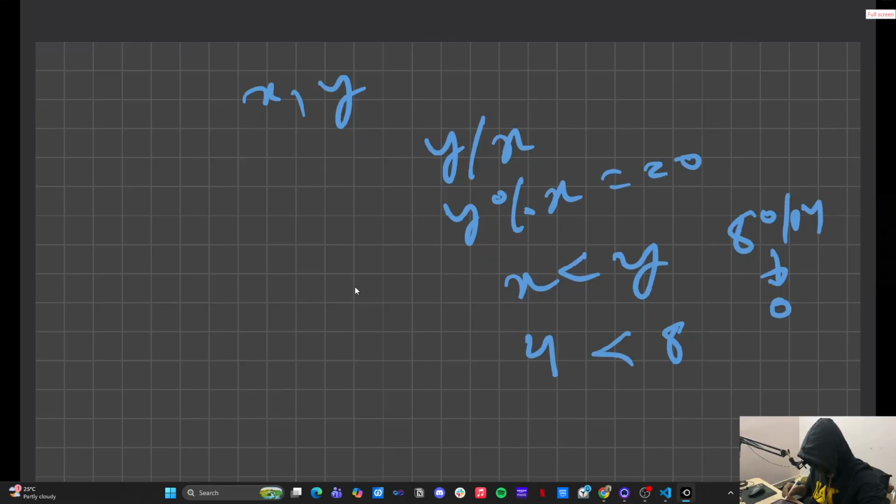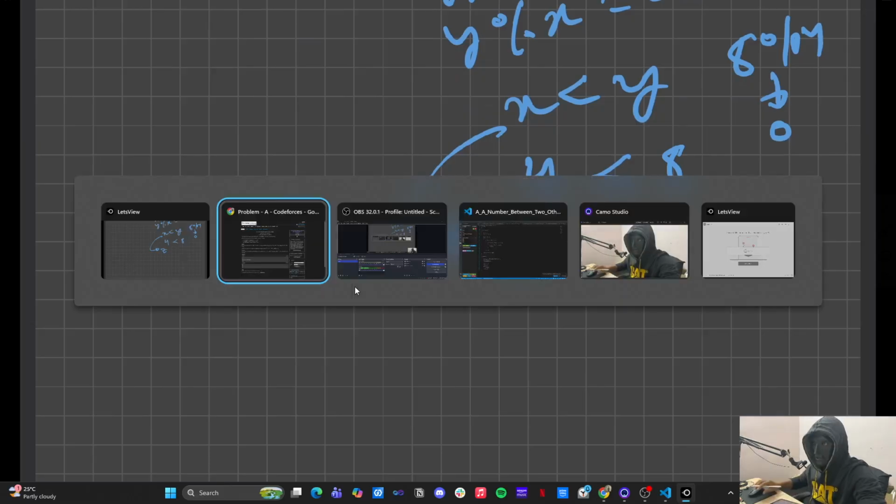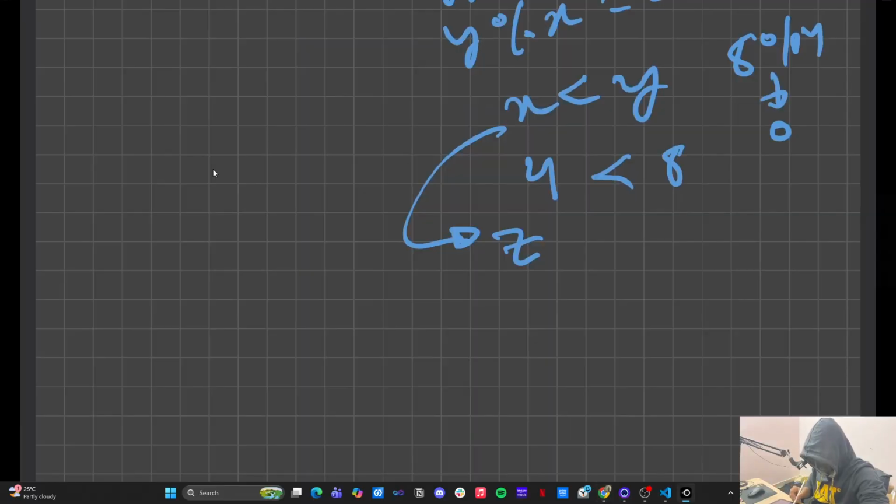So now we have to find an integer z. Given x and y, we have to find an integer z such that, in the question they've said, first of all, it should lie between x and y. They said this z should be greater than x and should be less than y.